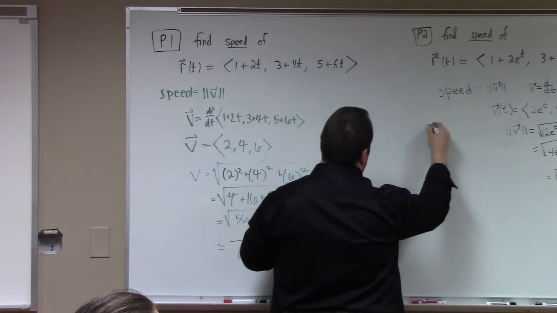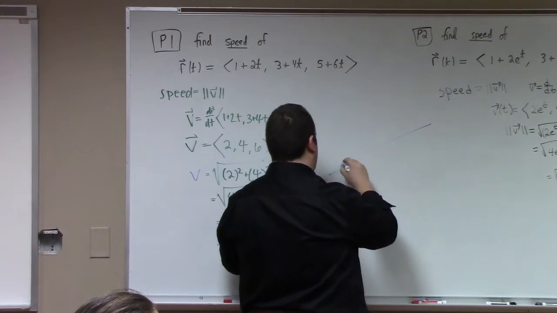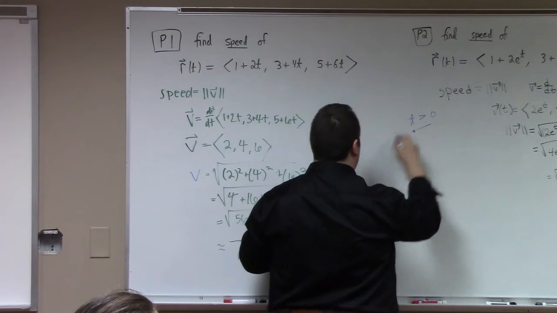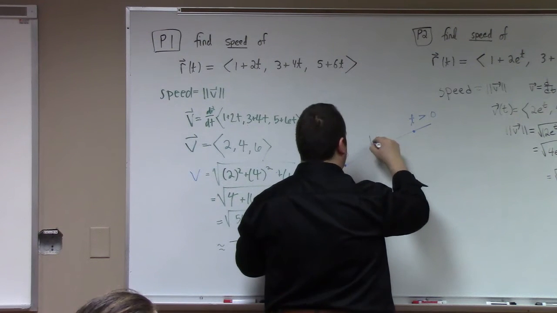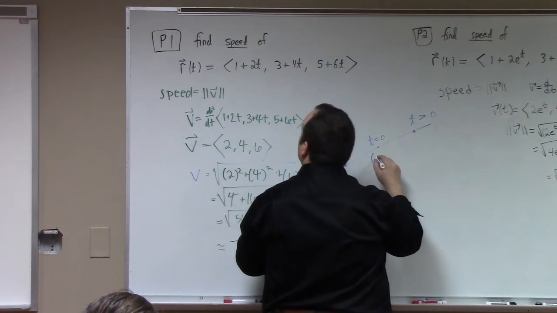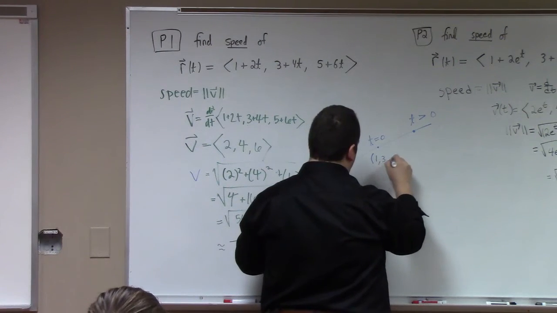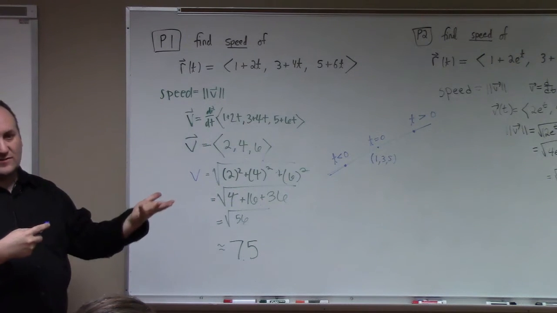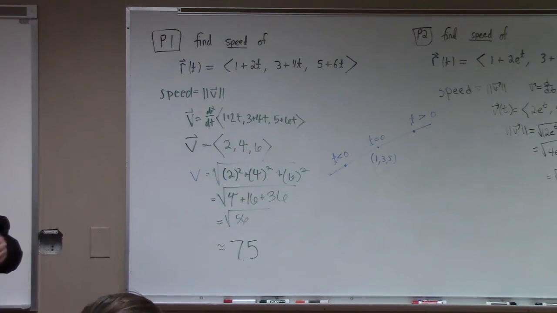So here's the whole line. This might be t less than 0. Here's t greater than 0. And here somewhere is t equals 0. That point is, as I was just saying, (1, 3, 5). So that's what this line looks like, generically speaking.